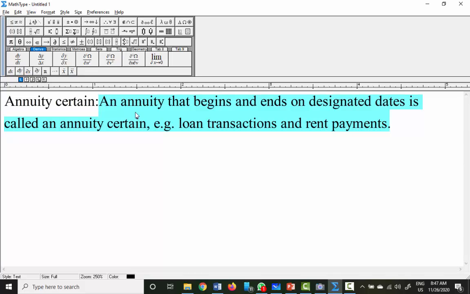Since you are making a monthly payment at the end of each month for 5 years to pay off the loan, we also call it an annuity certain, because this annuity will begin today and end after 5 years.